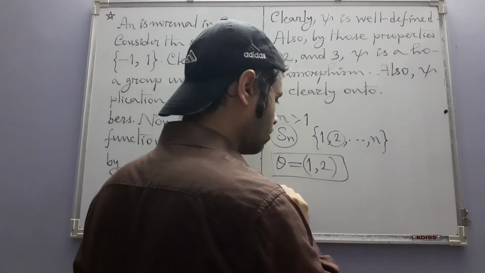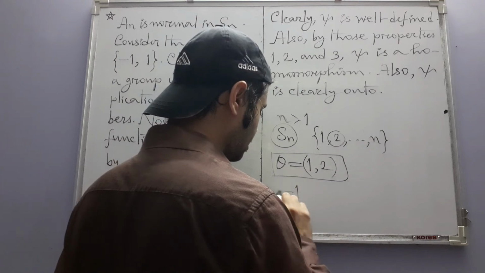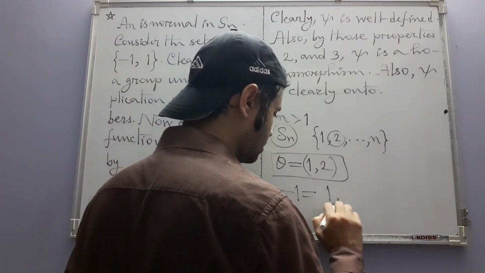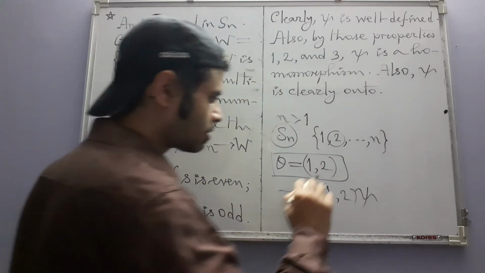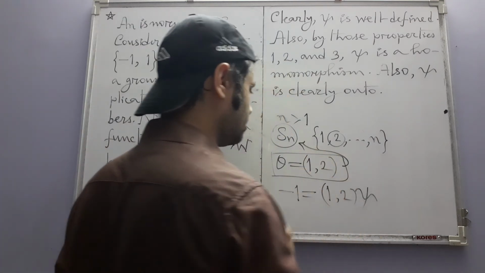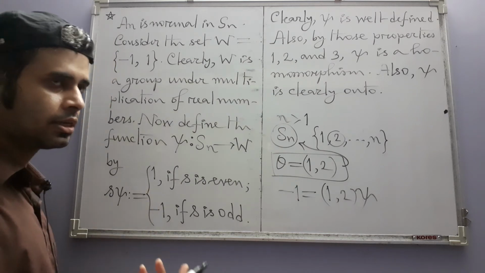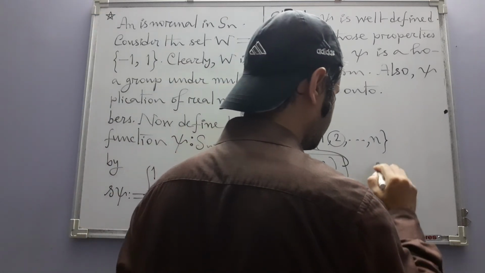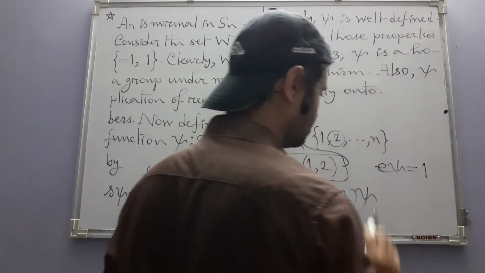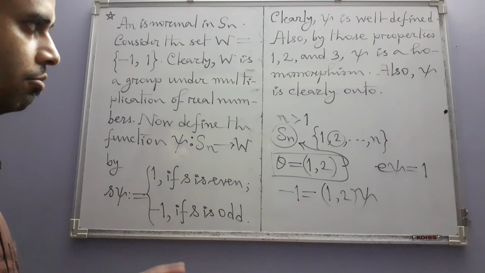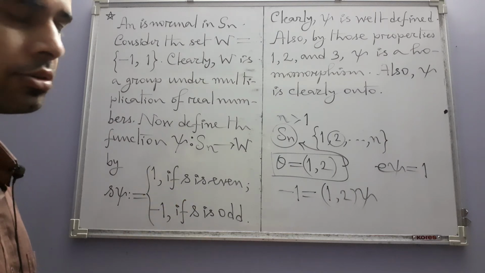So this is an odd permutation, and that is why -1 is the psi image of this odd permutation, and this odd permutation is in Sn. It's an element in Sn, and 1 of course is the image of this identity permutation, which is even. So if n is greater than 1, then it is onto.